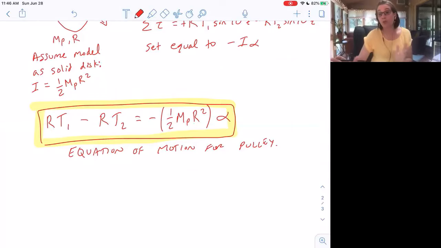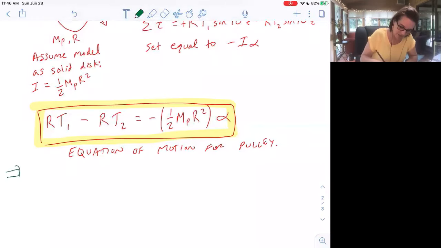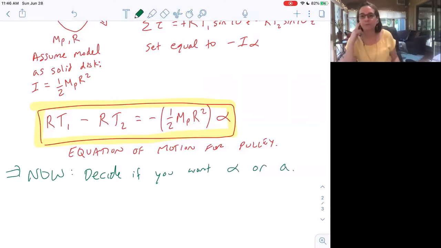At this point, you might think, great, I'm done. It's just algebra. But there is one more step, and this step is very important. At this point, decide if you want alpha or A. You have to decide whether or not the problem's asking you, I mean, really just look at the problem. Is it asking for you the angular acceleration or the tangential acceleration? The linear acceleration of the whole system.